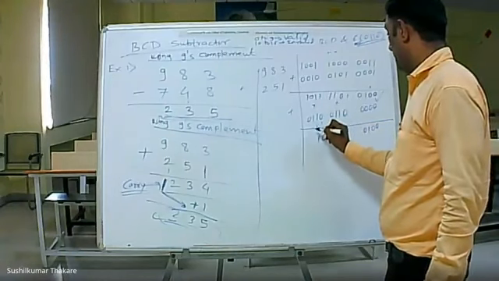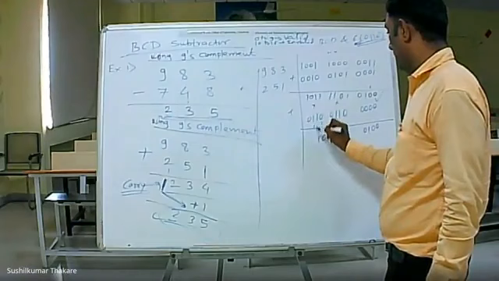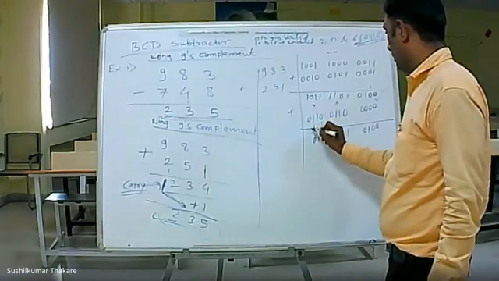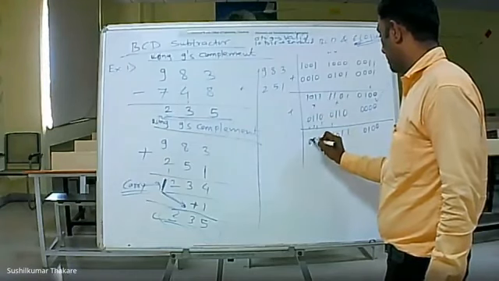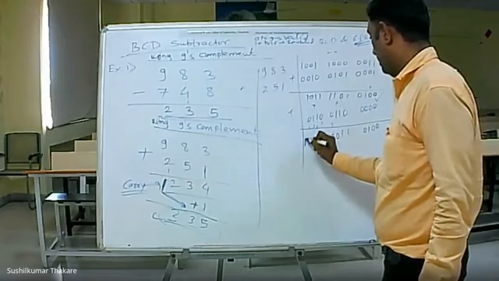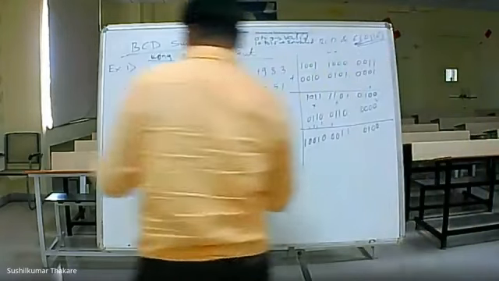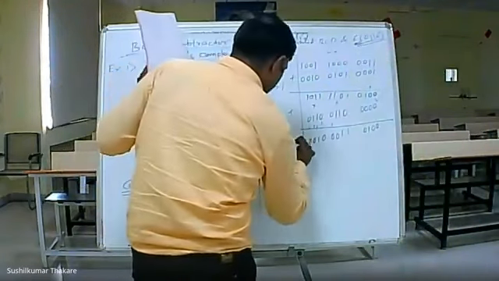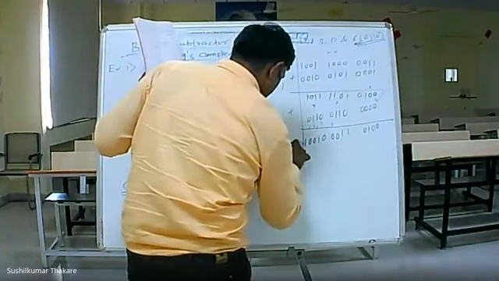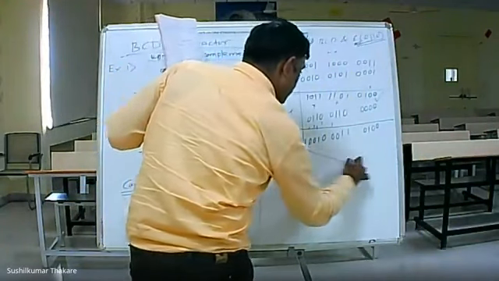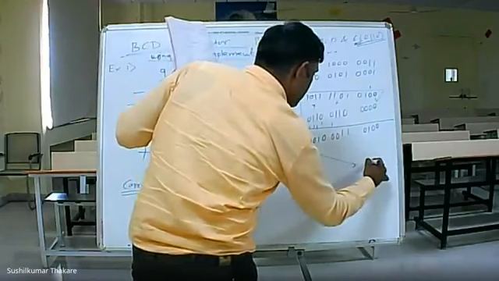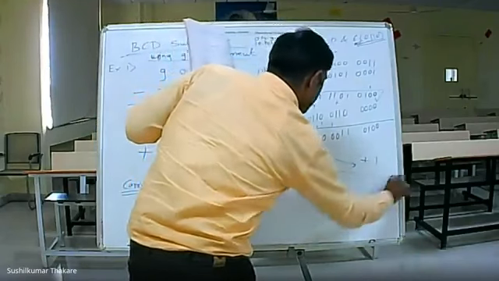Again 1 with carry 1. Again 0 with carry 1. 0, and 1. It gets carried. This is the carry, so add this carry: it is transferred and we add plus 1.